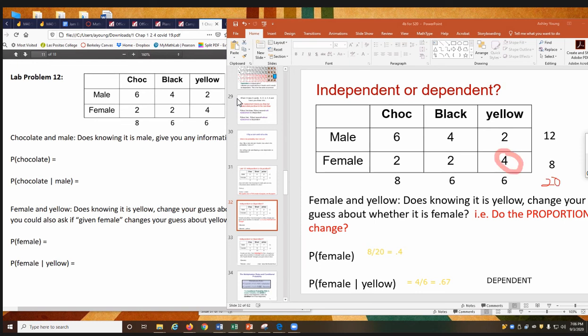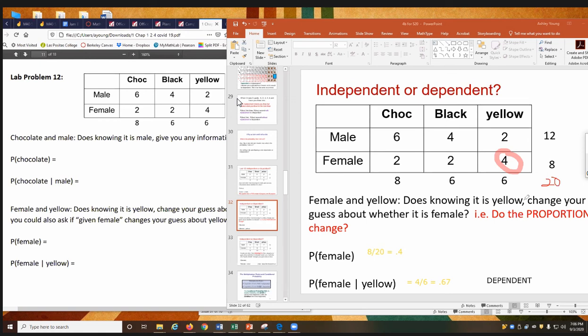Dylan, give me another one. Okay. How about Constantine? Should we do female or yellow? So what's the question exactly? Which of these numbers has something to do with female or yellow?